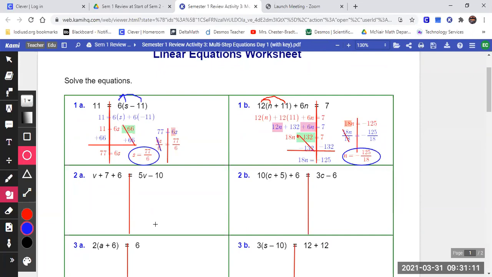All right, does this next problem have a distribution in it? Does this problem 2a have a distribution in it that we have to worry about? No. So then we have to worry, does it have combined like terms in it? Does it have more than one of something on the same side? And the answer to that is yes. It has two numbers on this left side.